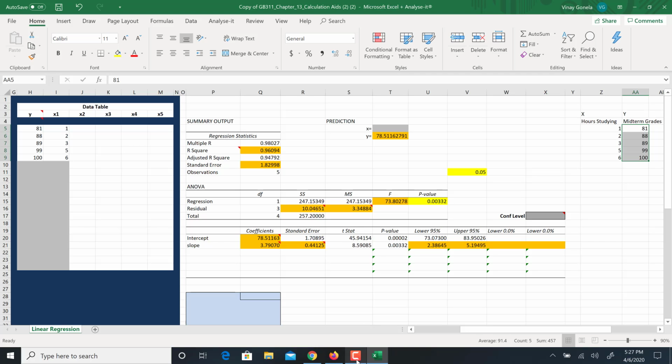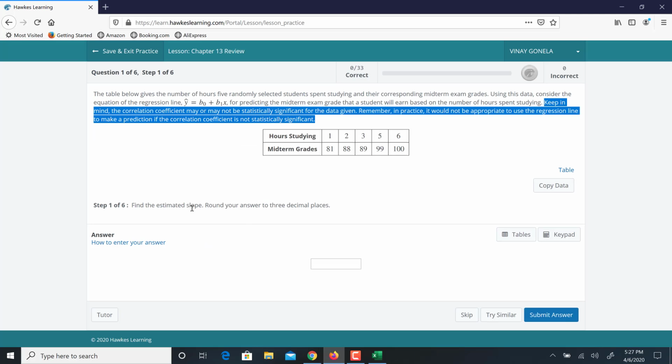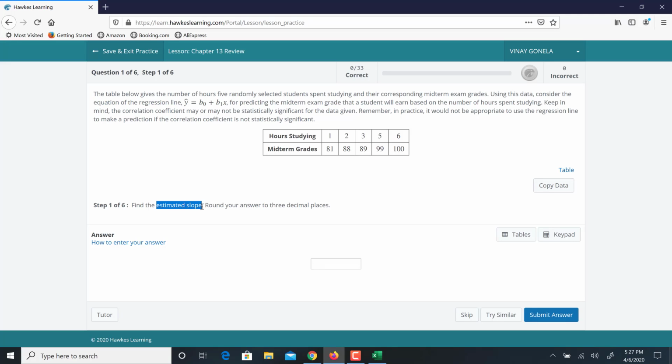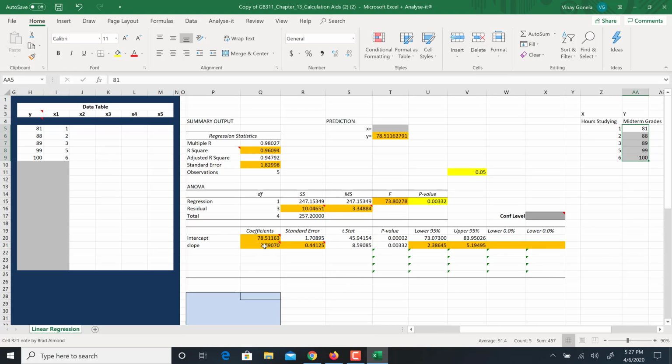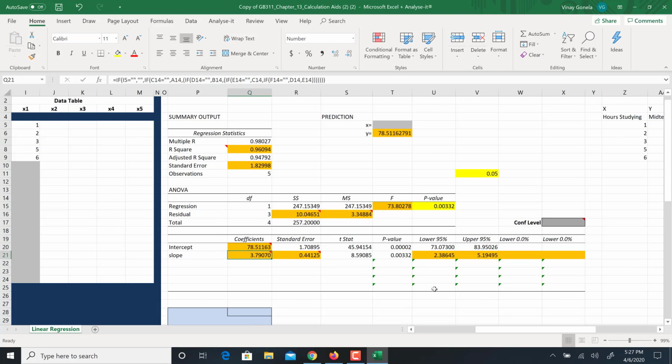So currently they are asking us in the question, find the estimated slope. So what is the slope? In here the slope is given. If you click on the right, it will tell you what it is. So this is the estimated slope B1. So I will copy this cell.